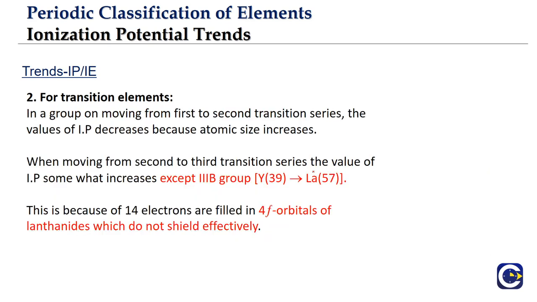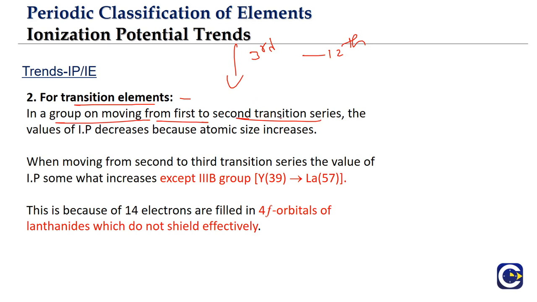Now if you look at the transition when you go down the group, so what are these groups? If you have from the 3rd to the 12th in the new numbering system, these are all the groups in the transition series. In a group, when we move from first to second, first means what?